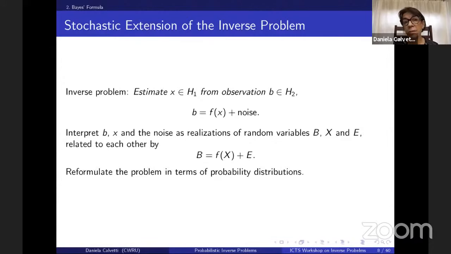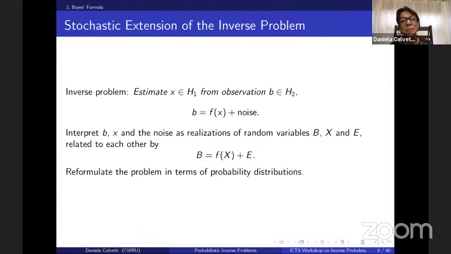Now, noise, we said before, tends to be similar but different every time we repeat an experiment, and measurements are experiments here. And right now, since we don't know x, and given that there is noise, we don't know b either, we have three quantities that can be represented as random variables, B, X, and E. And I can relate them with the equation below, where the only thing that I've done is use capital letters.